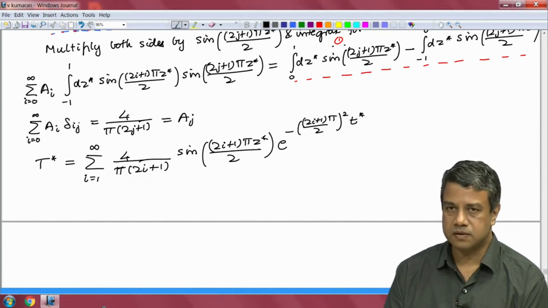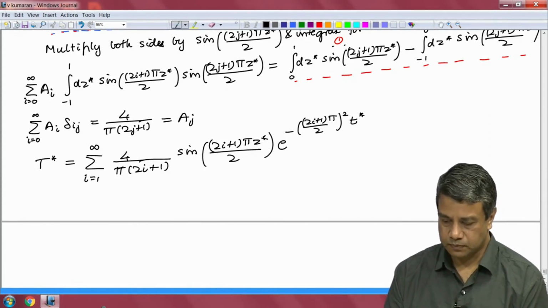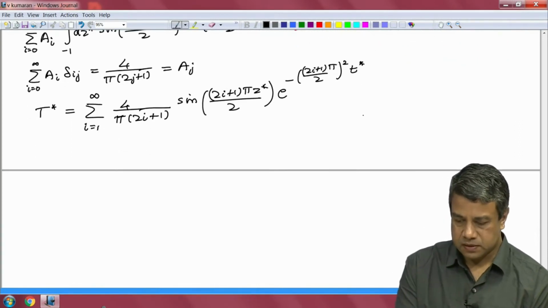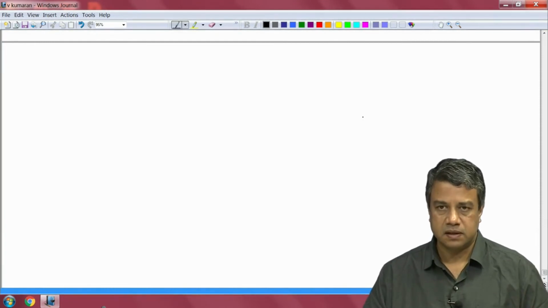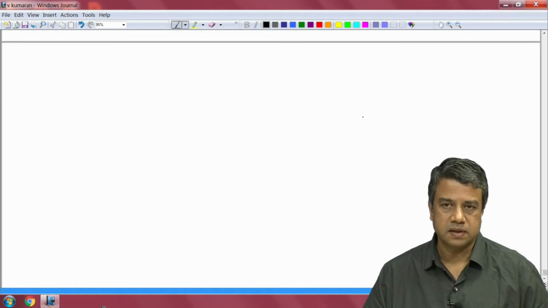At time t is equal to 0, the function is actually discontinuous. So, I'll try to briefly give you first a physical understanding of what we are doing when we do this separation of variables.